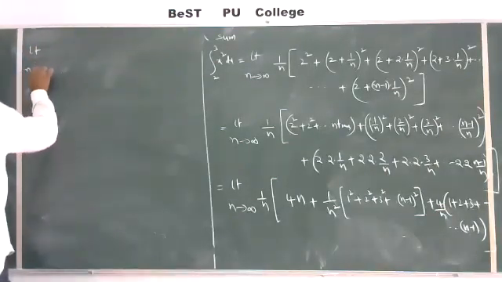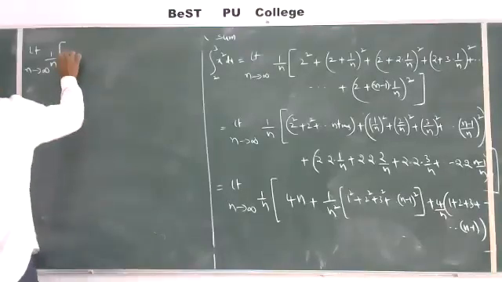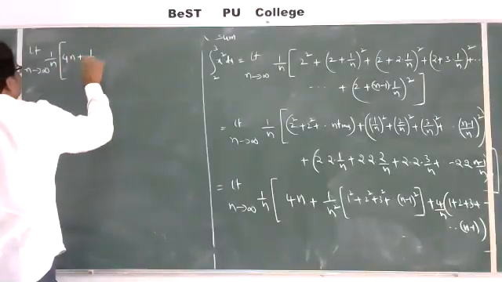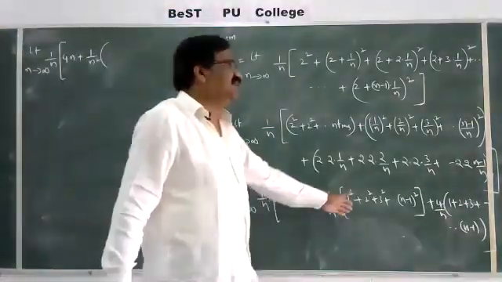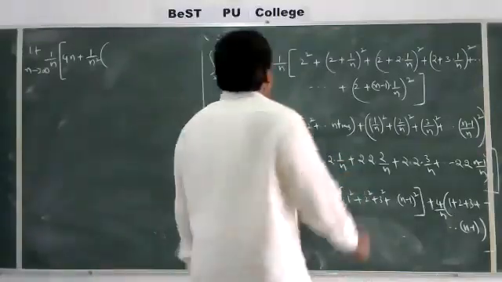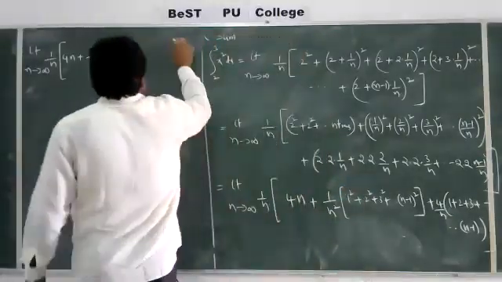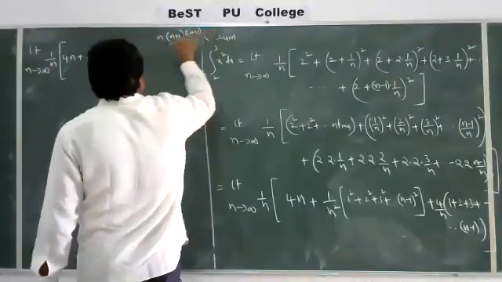So limit n tends to infinity 1 by n into bracket 4n plus 1 by n square into the bracket, the sum of the squares of the first n natural numbers. Here it is n minus 1 natural numbers. For n natural numbers we have the formula n into n plus 1 into 2n plus 1 by 6.